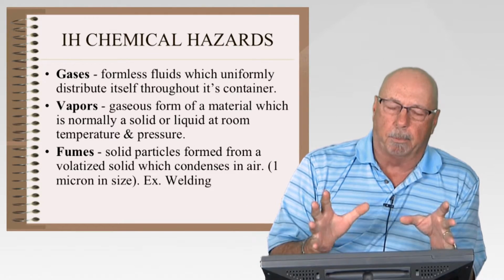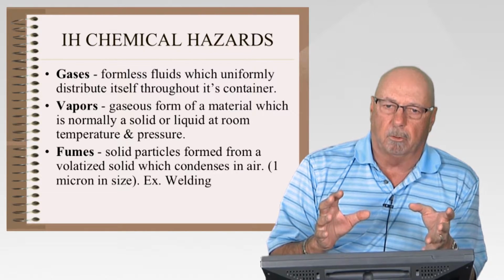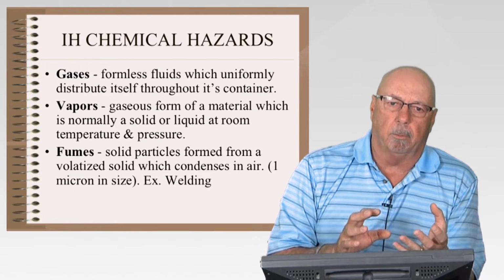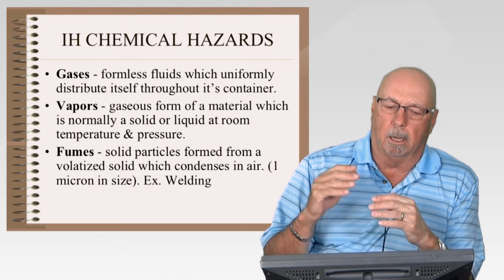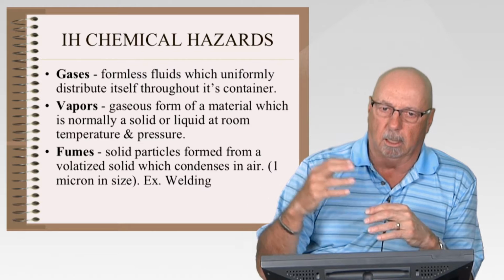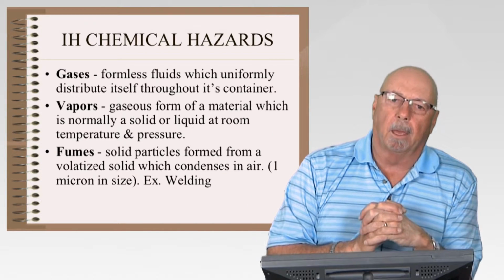But then you have vapors. Vapors are typically, at room temperature and pressure, either a solid or a liquid. But when you change either the temperature or the pressure, then it can be transformed into a gaseous form, just like the molecules of gas in air.